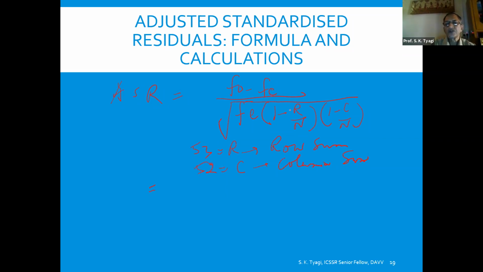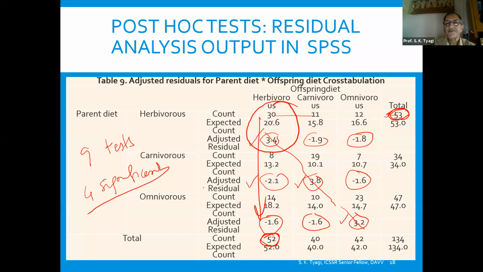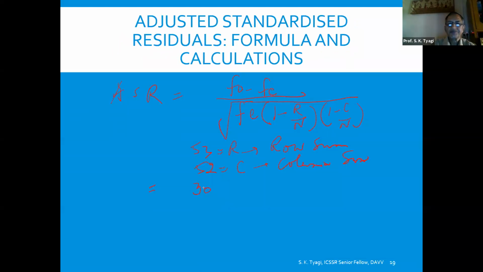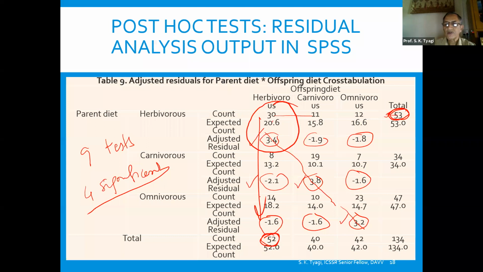Now put the values. FO is 30 and FE is 20.6. So 30 minus 20.6, divided by 20.6 multiplied by 1 minus 53 divided by N, N is 134. Is it 134? Yes.